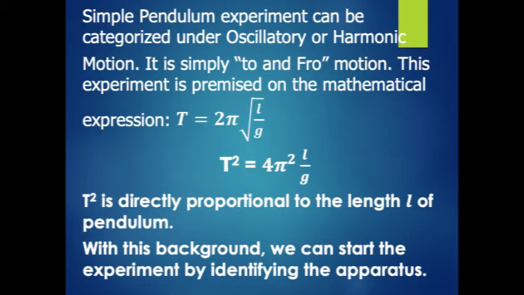This experiment is premised on the mathematical expression T is equal to 2 pi into the square root of L over g. When you change the subject of the expression, it can give you T square is equal to 4 pi square L over g, as you can see on the screen. T square is directly proportional to the length of the pendulum.